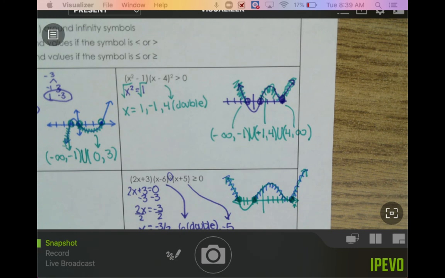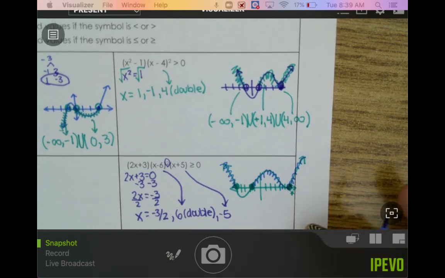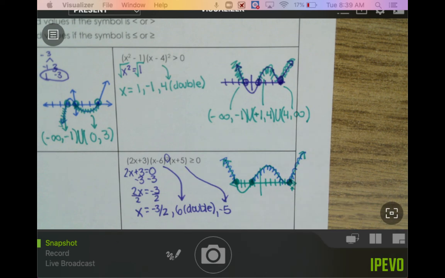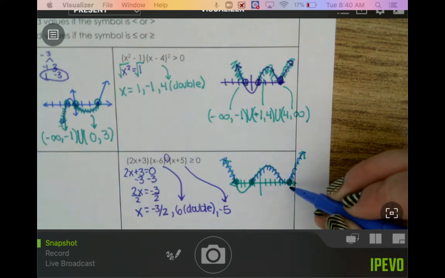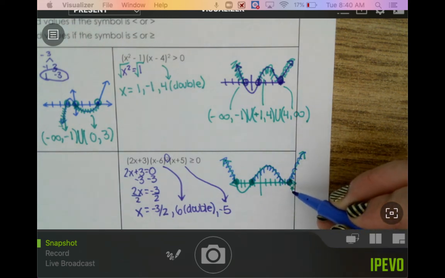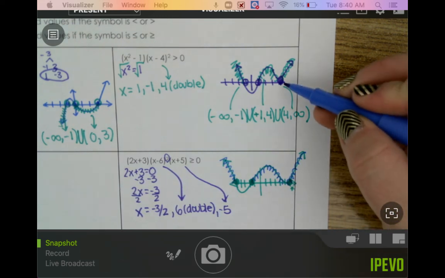So, since it's too far, this one was an open circle, we had to separate it still. Since this one is a closed circle, we get to include everything from here going over to the right. It doesn't matter that it stops right here on the x-axis because you get to include that. So if this is included, you don't have to separate the intervals. If it's an open circle, you do.